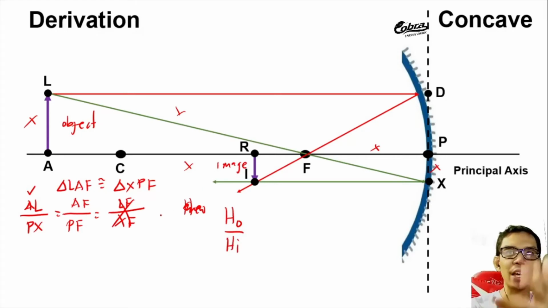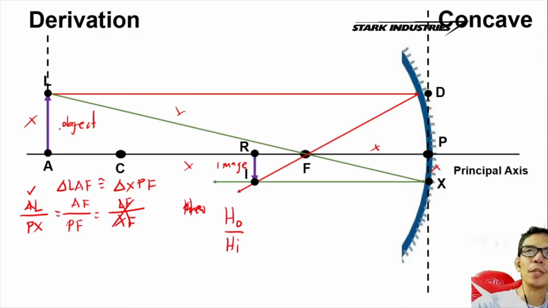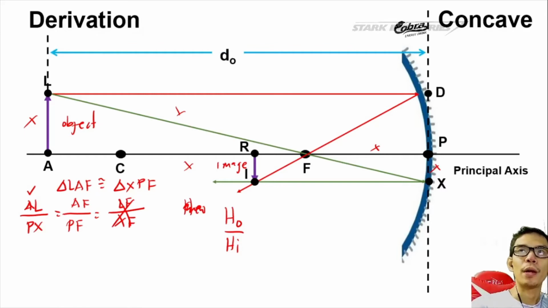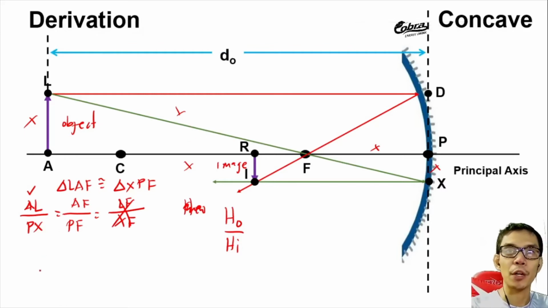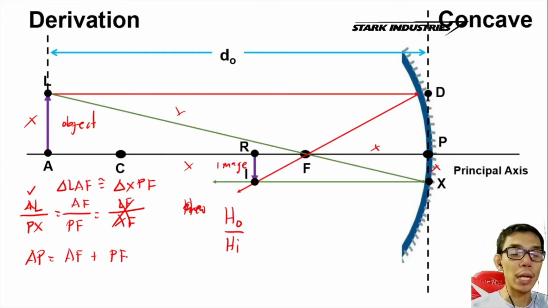Now, how about the AF and PF? If you take a closer look, AF and PF are under AP. AP is the total distance, which we call D sub O, or the distance of the object from the mirror. We get AP by adding AF and PF.